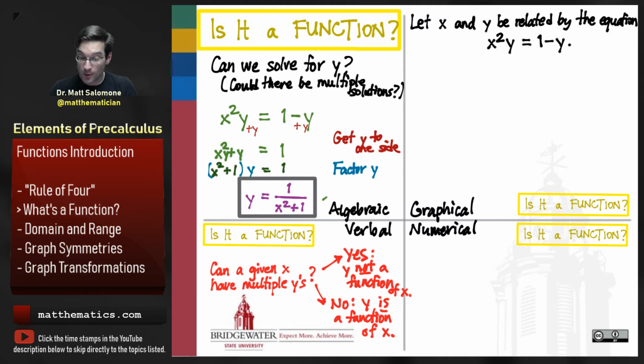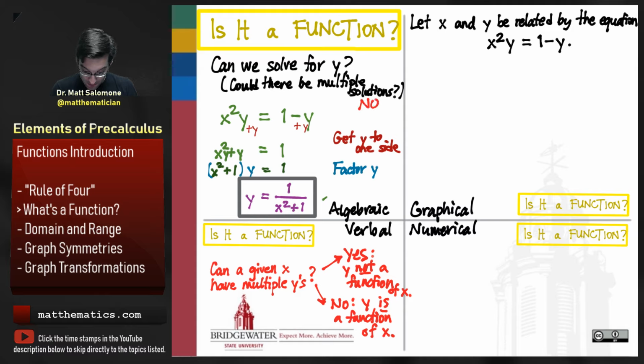Now that we've solved for y, we ask the question, can there be multiple solutions? If you give me an x, do I necessarily get a single value for y? And there, really the question is, is there any way to evaluate the expression that's on the right-hand side other than just following the order of operations, squaring x, adding 1, taking the reciprocal? And in this case, there is not. Could there be multiple solutions?